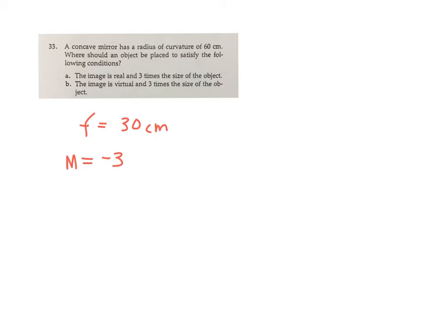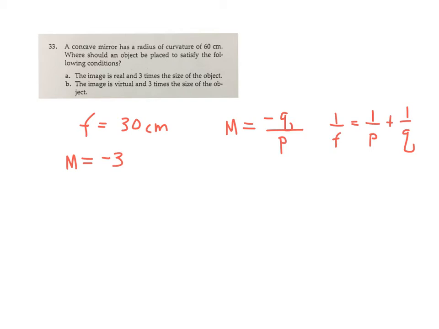I think we might have enough information here to solve the problem because we know that from our experience here that M equals negative image distance over object distance, and that basic relationship of 1 over focal length equals 1 over object distance plus 1 over image distance.